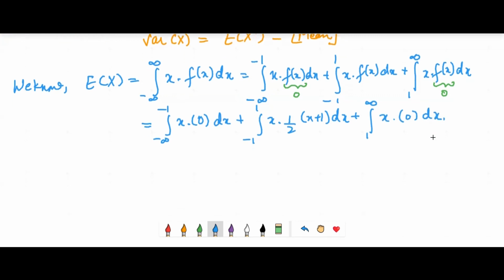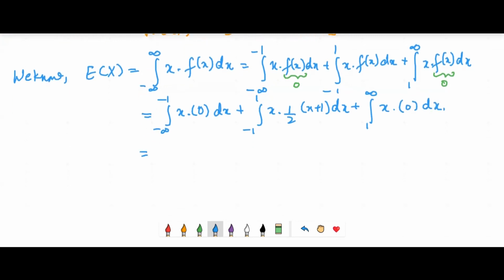So let us calculate. Half will come outside. Open the brackets. That's (x squared plus x) dx.